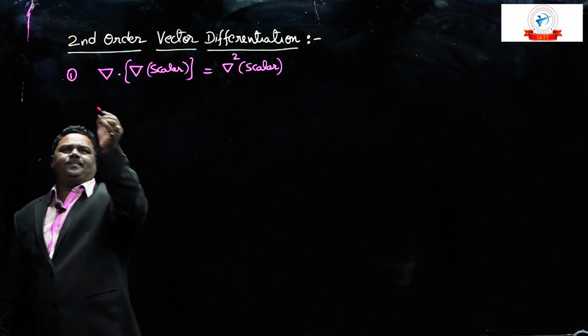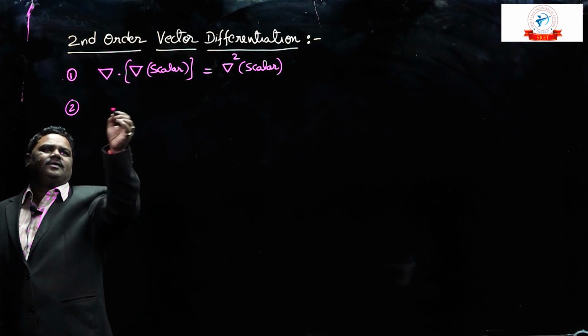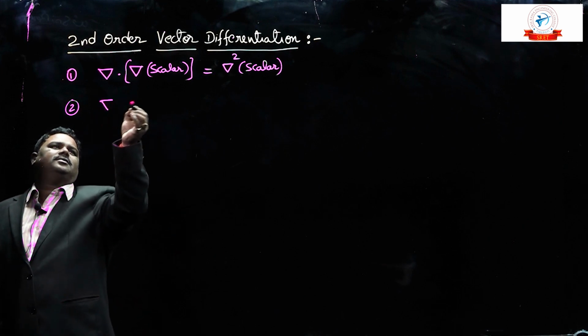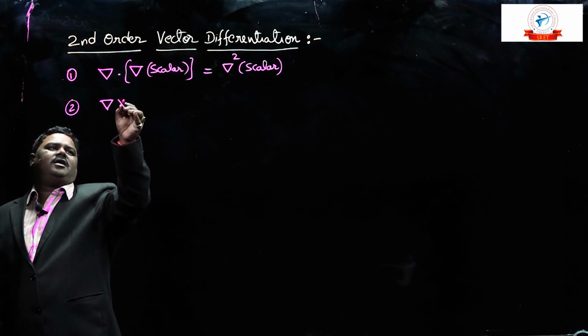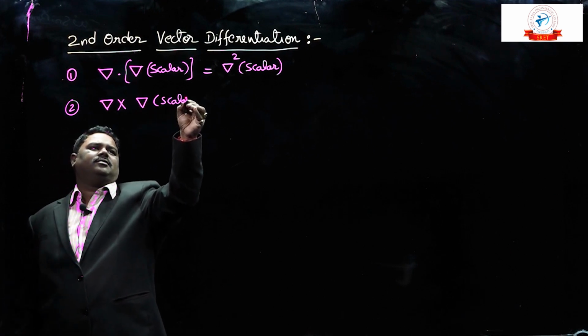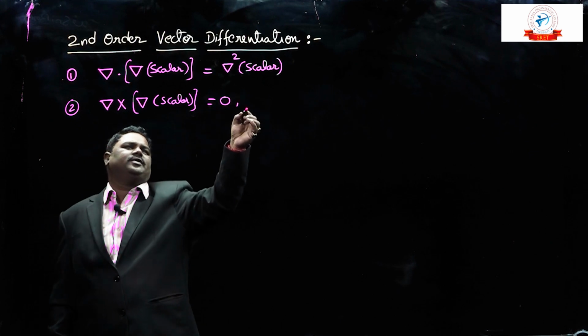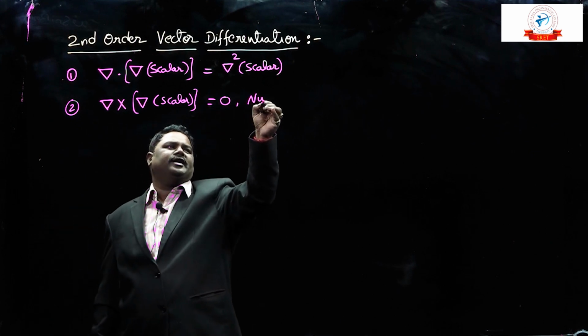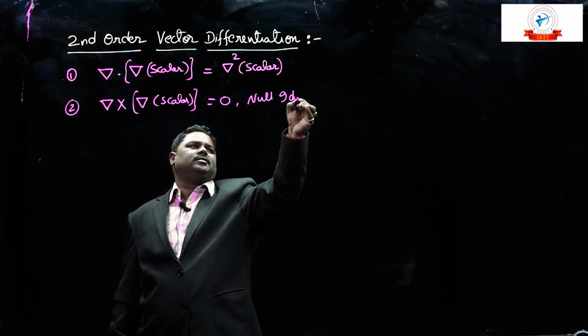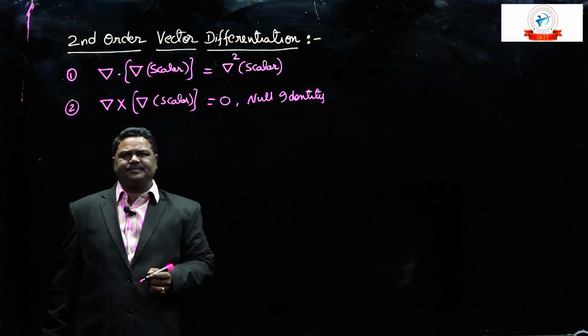Next, the second valid second order differentiation is curl of gradient of a scalar, which is always 0, and is called a null identity or vector null identity.